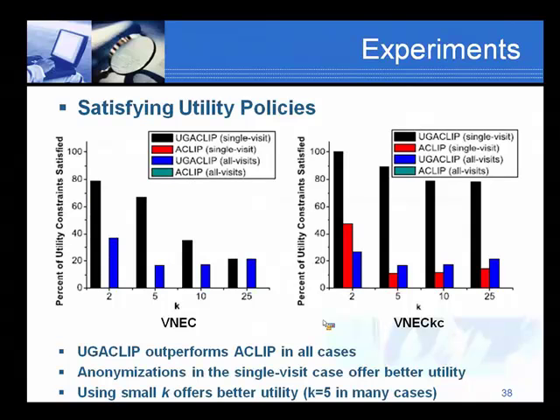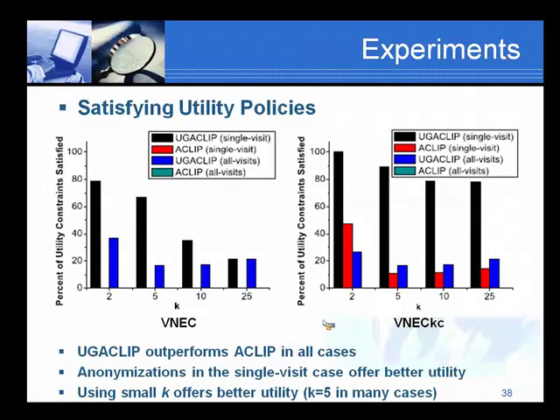This is because we assume attackers that are not very powerful. They cannot link data that is anonymized with k equals 2. For example, an attacker that cannot link data with k equals 2 is obviously less powerful than an attacker who can link data even when data is anonymized with k equals 25.